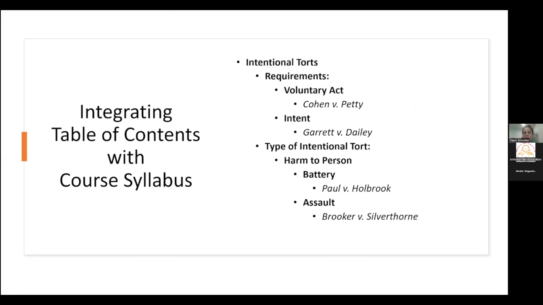There could be a harm to a person and a harm to a property. The harm to a person is going to have different enumerations or items. It could be battery, assault, false imprisonment, versus the harm to property will be the trespass to land, trespass to chattel, conversion.